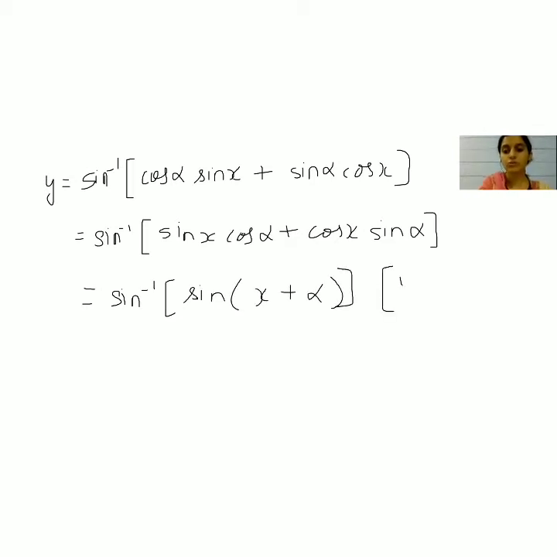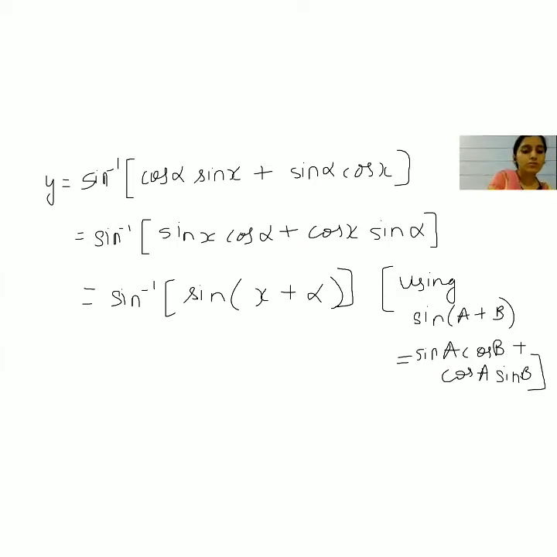Okay, using sine of a plus b equal to sine a cos b plus cos a sine b. So sine inverse sine will be what? x plus alpha. Correct. What is alpha now?